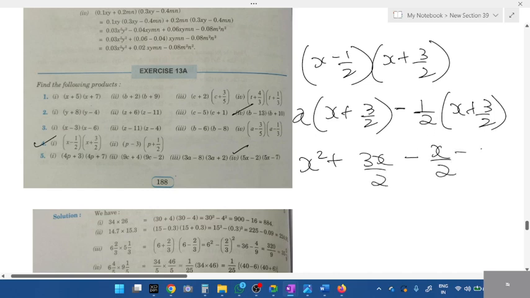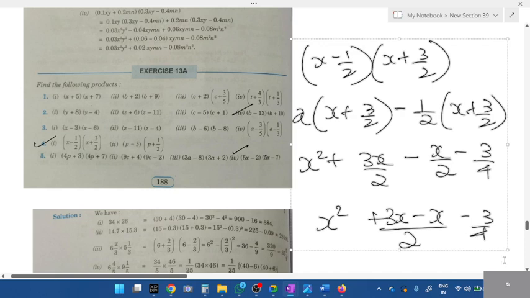Minus into plus is minus. What's the value? 3 by 4. Take LCM. What's LCM, students? 2. What is 3x minus 1x? Plus 2x, right? Isn't it plus 2x?